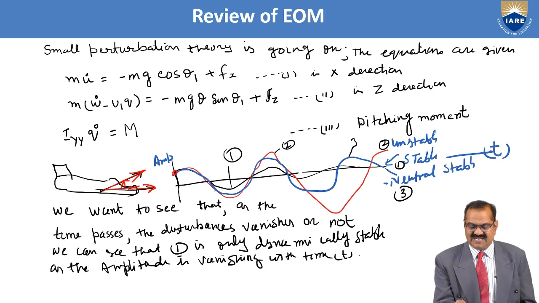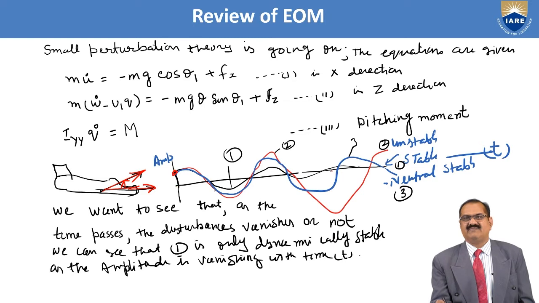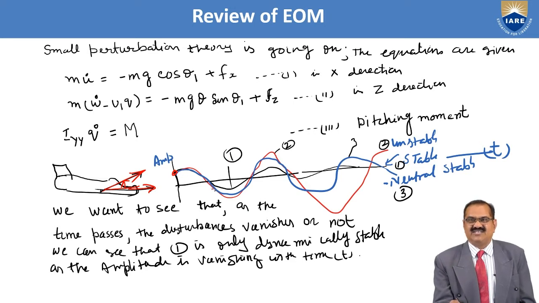You can see here that after disturbance, if the aircraft goes in such a way that this is the amplitude and this is the time, then with respect to time, in plot 1 it is increasing slowly, it is coming down, and after some time you can see it is on this line. So it is stabilized here and has reached the equilibrium position.